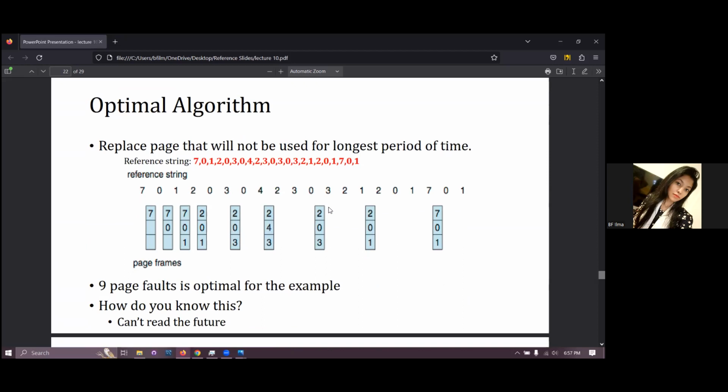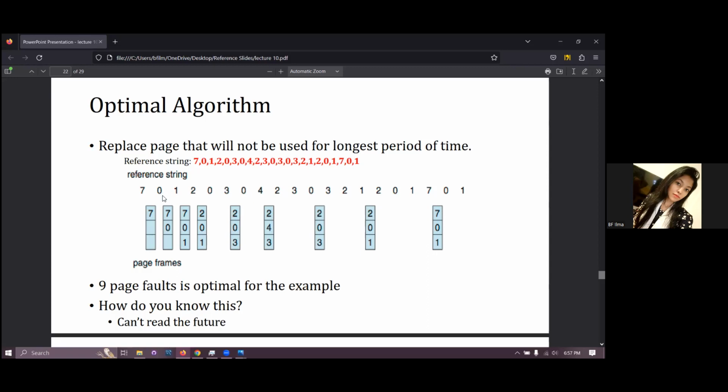So then we have the optimal algorithm. This is actually really hard to implement. It's more of a theoretical solution because we are trying to replace the page that will not be used for the longest period of time. So theoretically, it is possible. We can see that this is the reference string.